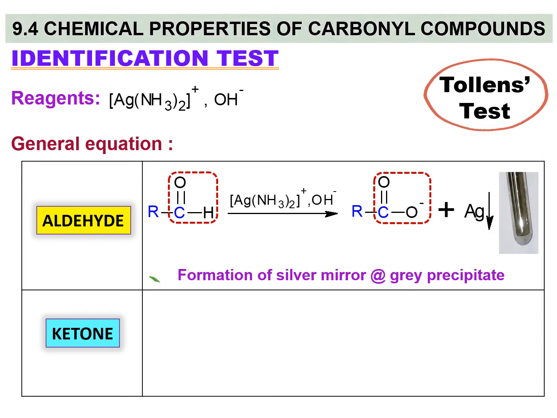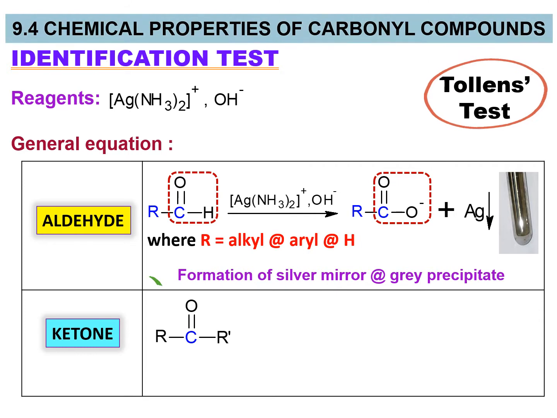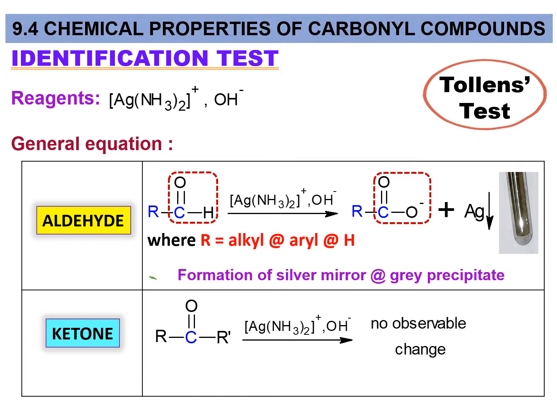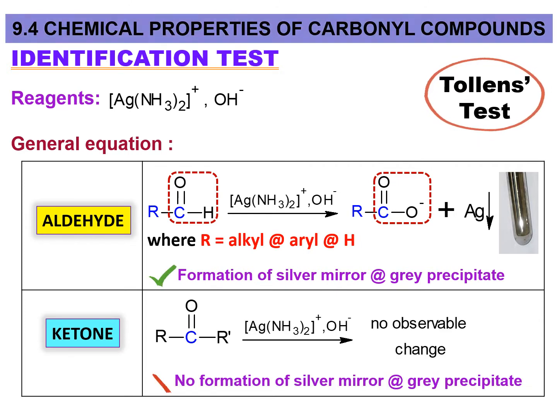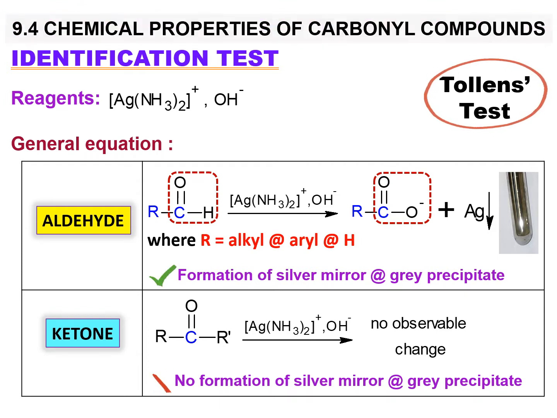The R on the aldehyde can be alkyl, aryl, or hydrogen atom. With ketone, using the same reagent, nothing happens. As a result, there is no formation of silver mirror or grey precipitate. Tollens test is a test that differentiates all aldehydes from ketones.